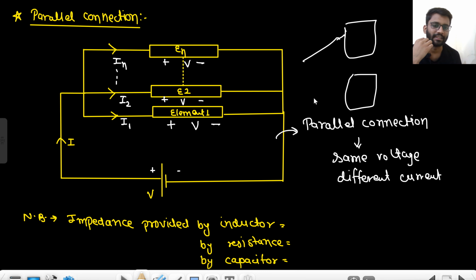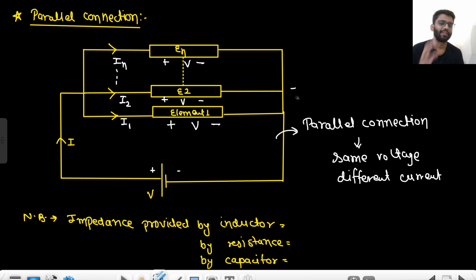In two-port networks we will see this, that the voltage across them would be the same. This V voltage will be the same, both of them, but the current they are taking are different. We will see those circuits and configurations, but basically parallel connection means voltage same, current different, that's it. So this is the parallel connection.